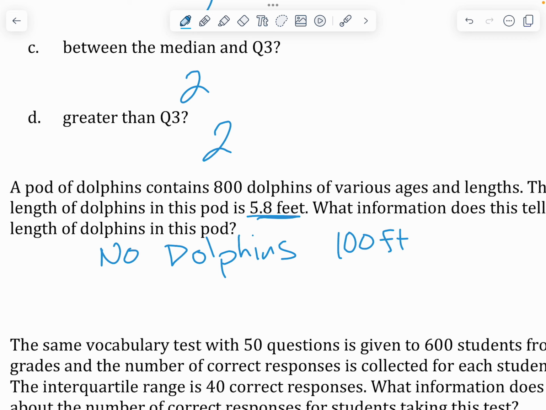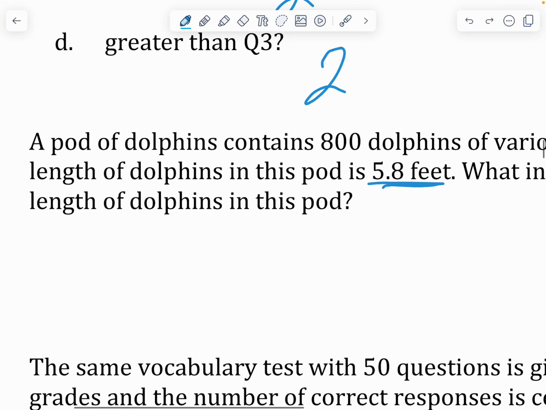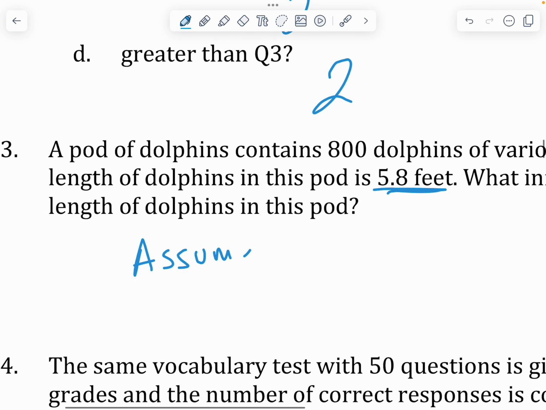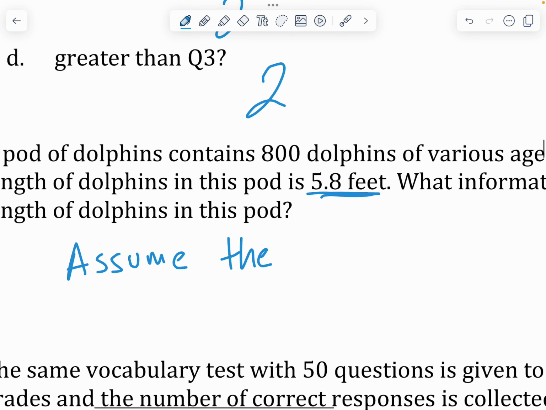But that's not really a good analysis of the data. What we could say is, since the middle is about 5.8, we could assume the dolphins are around 6 feet.